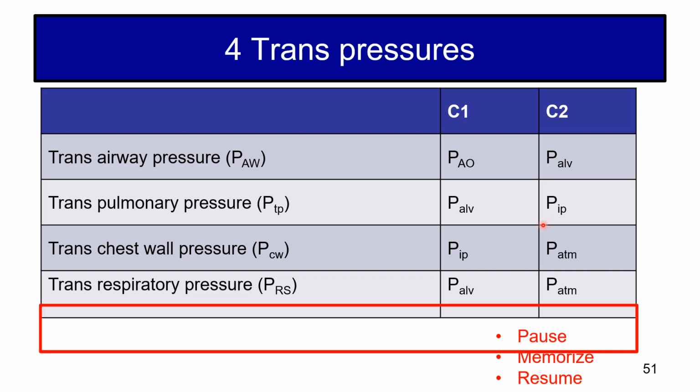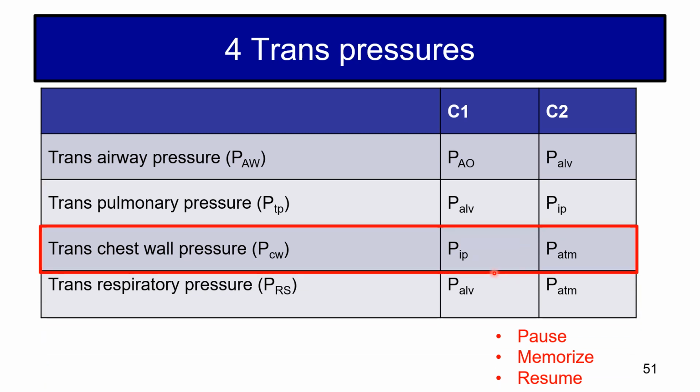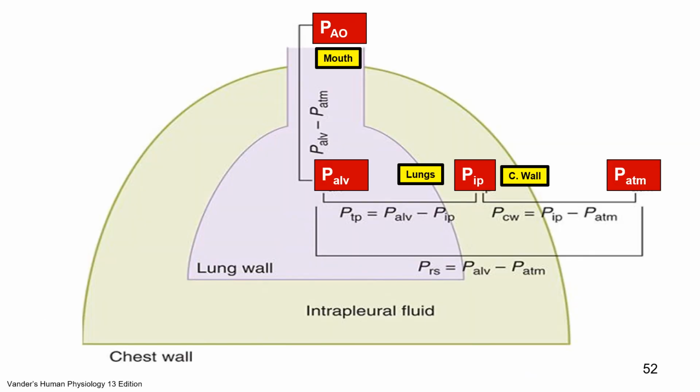The trans chest wall pressure represents the difference between the intrapleural pressure and the atmospheric pressure, while the trans respiratory pressure represents the difference between the alveolar and the atmospheric pressure. Again, pause, memorize, and resume.